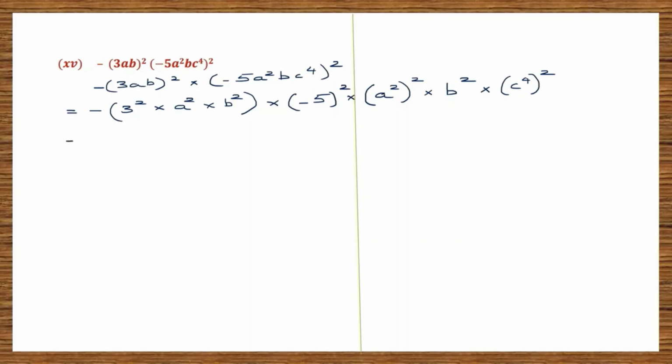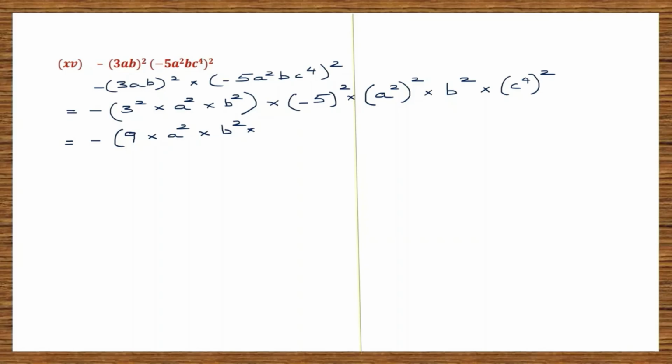So here minus will remain the same. Now we'll write 3 square is 3 into 3. 3 3s are 9. Numbers we are going to multiply because we don't have similar numbers to have the same base. So 3 square into a square into b square. Now into, now minus 5 is the number, so we can multiply it. Minus 5 raised to the power of 2 means minus 5 into minus 5.